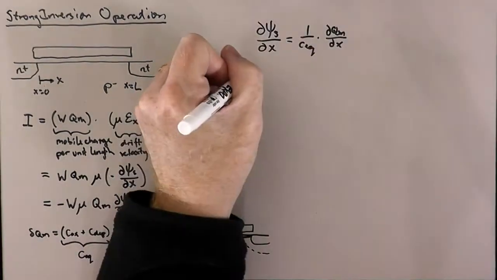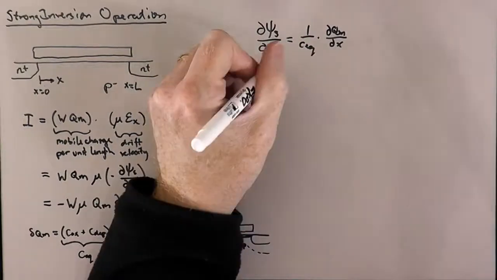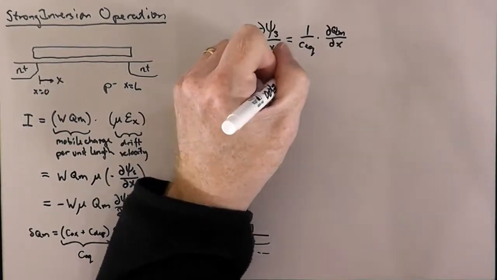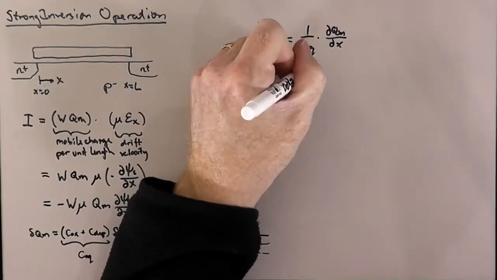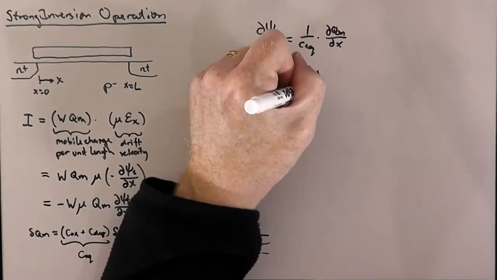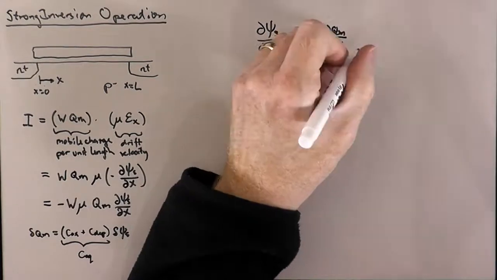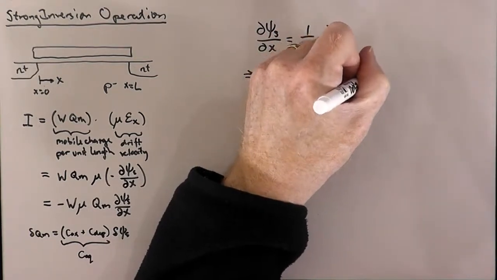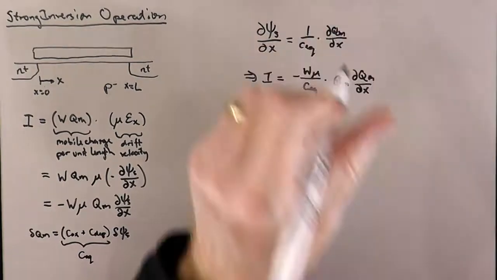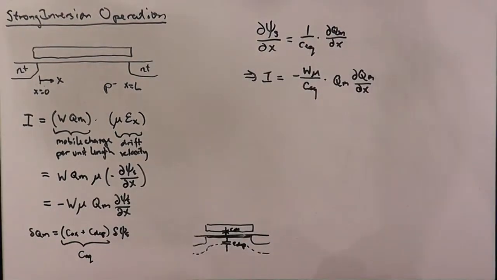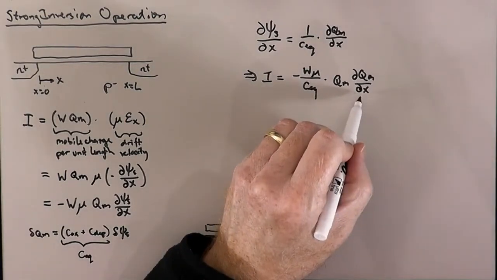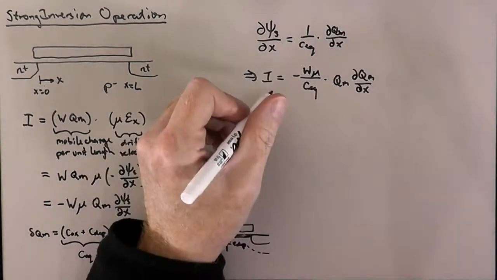And so therefore we can substitute that in and write I as equal to minus W mu over C equivalent times Qm dQm dx. Okay? So now to get rid of this derivative with respect to x, we're going to integrate both sides of this equation.